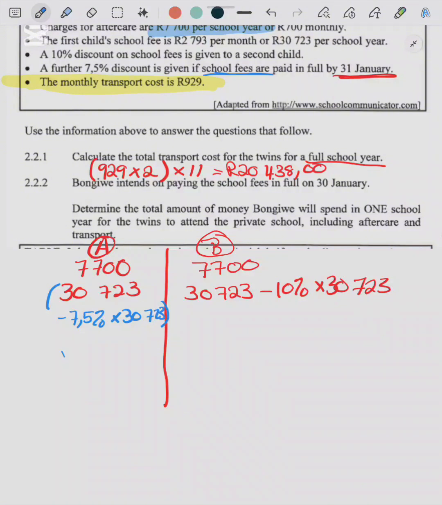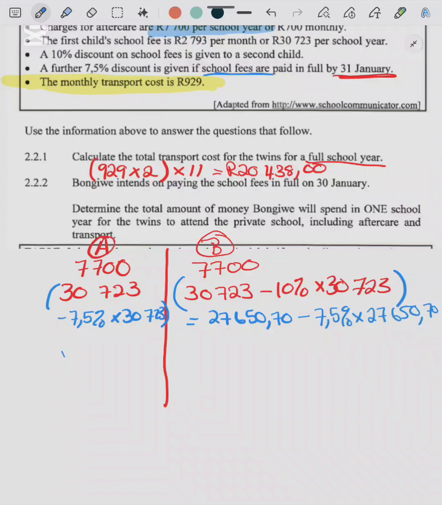And then this second child, I'm going to take how much his school fees are, which actually I can just first calculate how much that is, which is going to be 27,650.70. And I'm going to again subtract the discount of the 7.5% of that child's school fees, the 27,650.70.